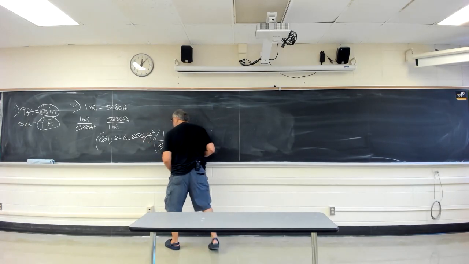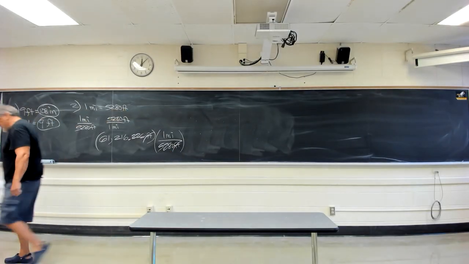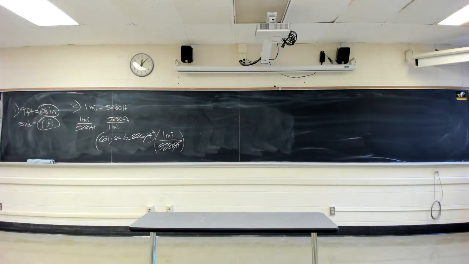So we got this, we got this. We are going to get 5,280 into 61,216.226. So what we have here, 61,216. Yeah, it's obviously very high. About twice as high as Everest, basically. Round your answer to the nearest tenth.